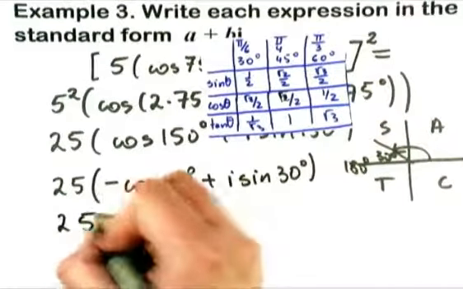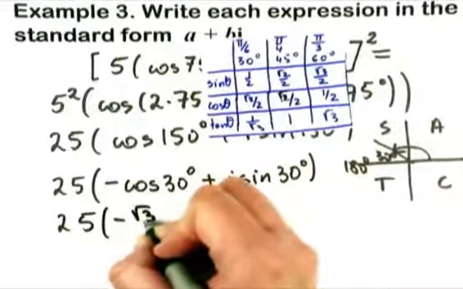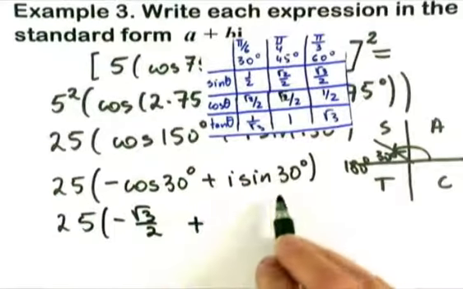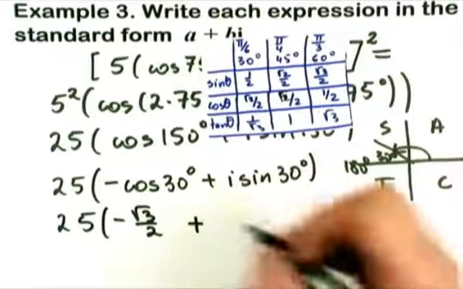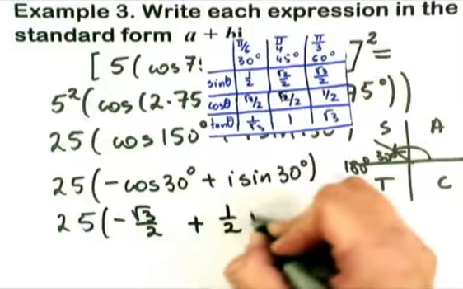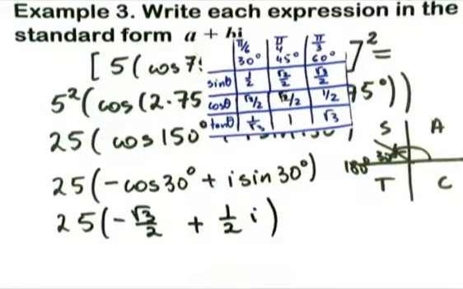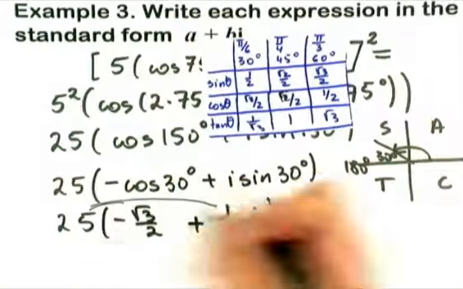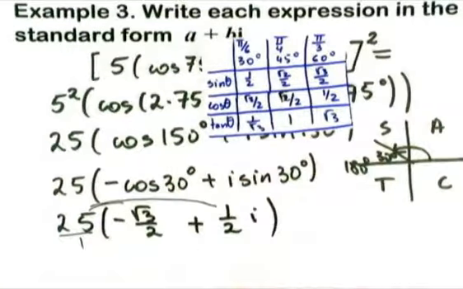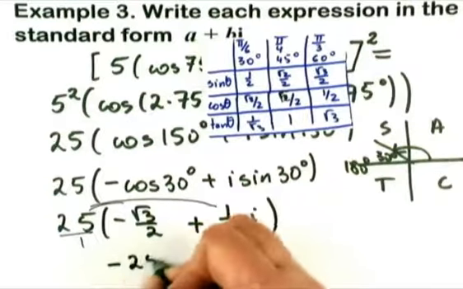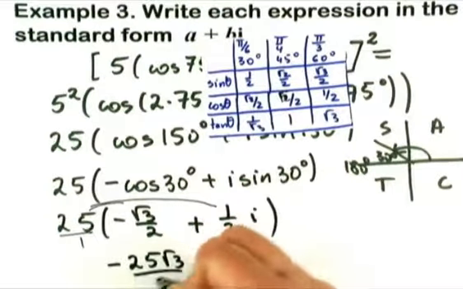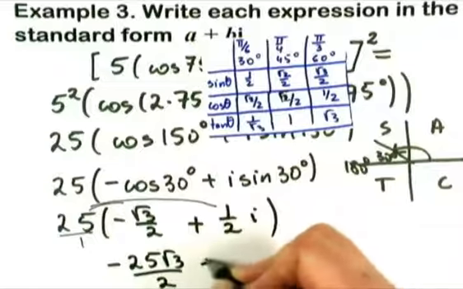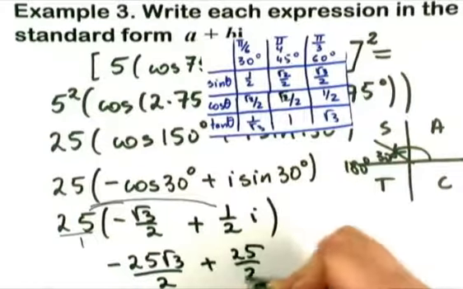So we have 25 times minus root 3 over 2 plus sine 30 degrees is 1/2, and I will put the I at the end. Now we need to distribute the 25, which is like 25 over 1. So this is equal to negative 25 root 3 over 2, plus 25 over 2 I.